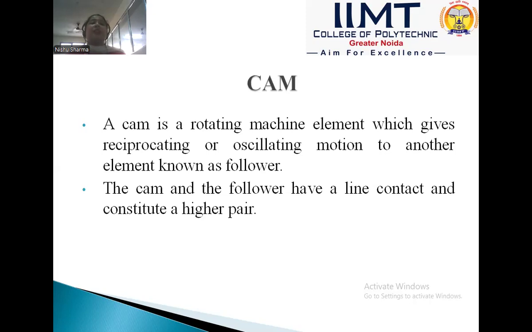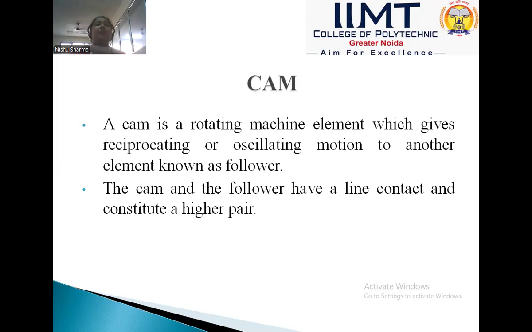Firstly, we will discuss the kinematic pair. A kinematic pair is a pair in which two links are joined in such a way that we get a constrained motion, a completely constrained motion, or motion in a definite direction. The pair is classified into two types according to the surface contact: the higher pair and the lower pair.